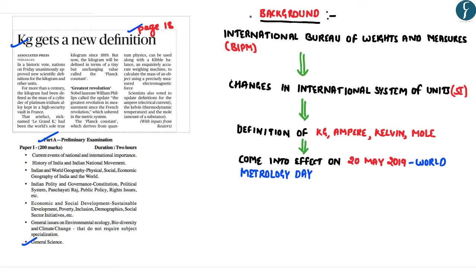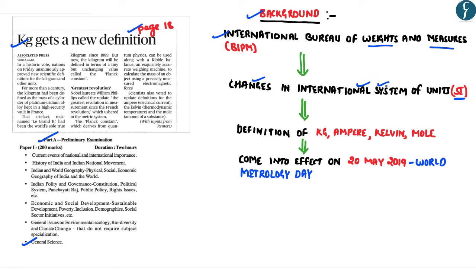Before analyzing this particular article, let us first look into the background. An international institution known as the International Bureau of Weights and Measures has recently made changes to the international system of units, which is commonly referred to as SI.